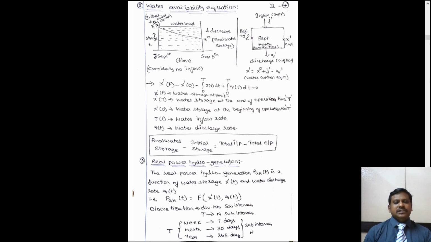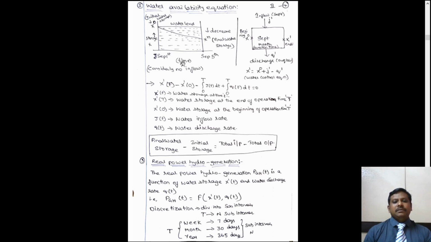You are considering this as the initial water storage. And as the days go on, when it comes to September 5th, the water level in the reservoir has dropped to x power n. So there is a decrease in the water. So we can consider it as the final water storage, from September 1 to September 2, during this particular period of time.